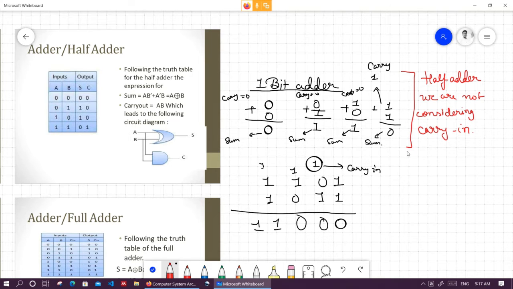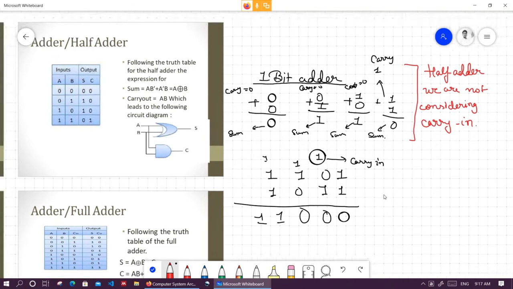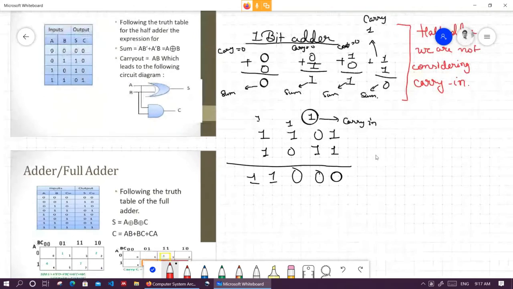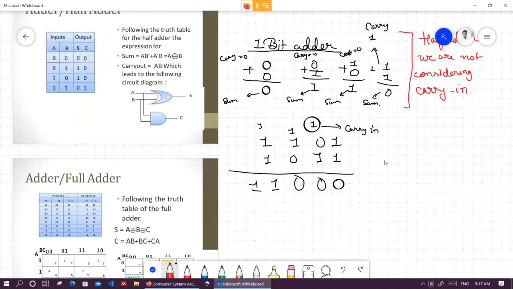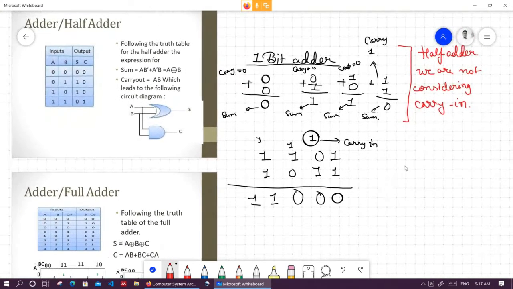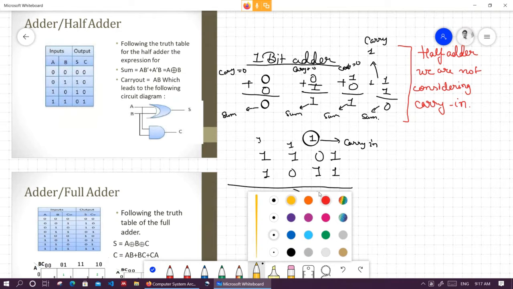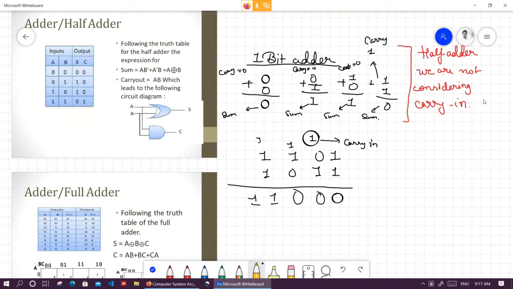Fine. So that's why there is one more circuit known as the full adder, and the full adder will consider the carry in also. So first let's revise the circuit design for the half adder.